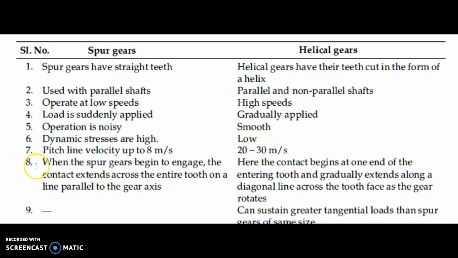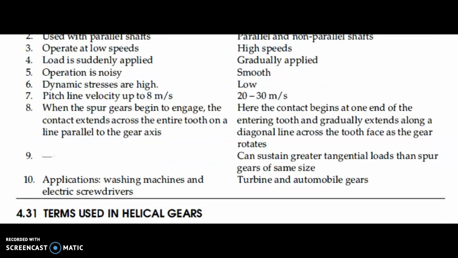Next, when the spur gear begins to engage, the contact extends across the entire tooth on a line parallel to the gear axis. But for a helical gear, the contact begins at one end of the entering tooth and gradually extends diagonally across the tooth face as the gear rotates. That means the contacts of the gears are different.